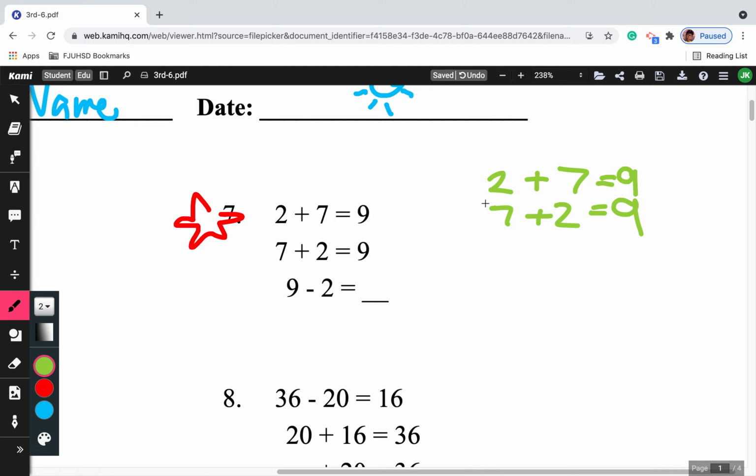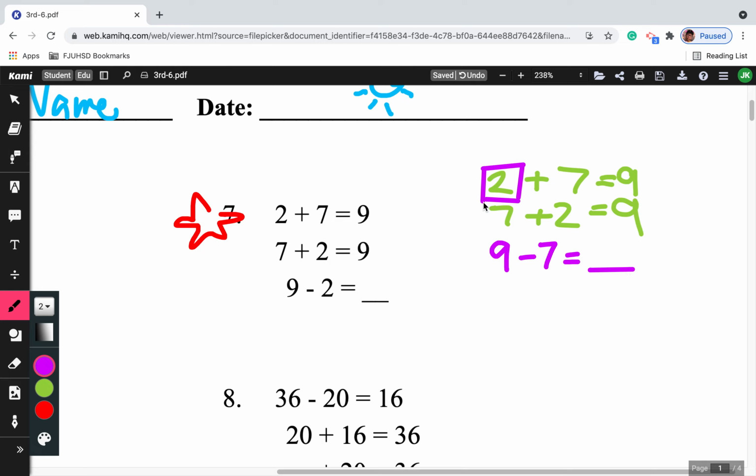And one way to find a certain number, for example, let's say you need to look for 2, you do 9 minus 7 equals blank. If you want to find one of these numbers, you get the sum subtracted by the other number.